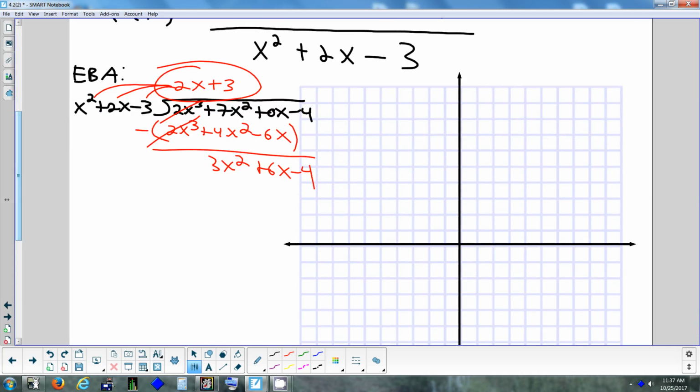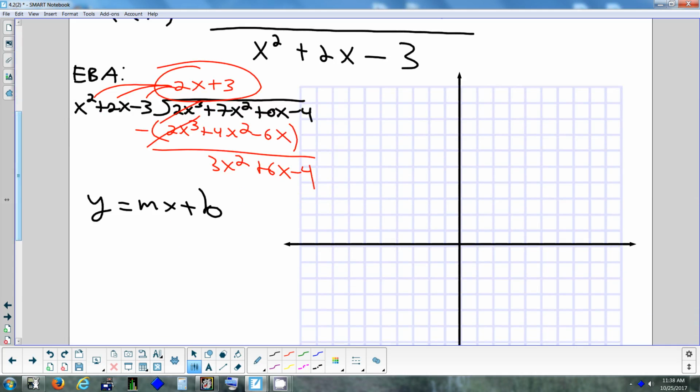What kind of shape is that? Ariana, what kind of shape is 2x plus 3? Linear. Yeah, it's going to be linear, but is it going to be horizontal? Well, think about this. It's basically like this, right?